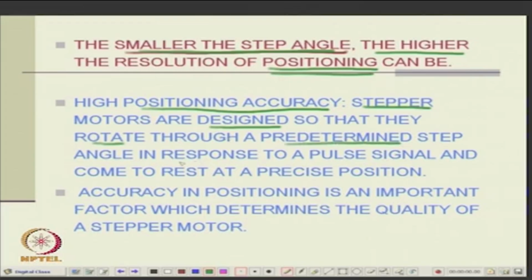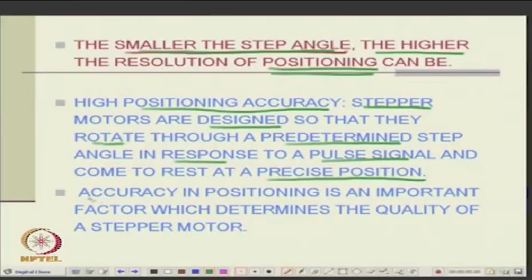High positioning accuracy, that means stepper motors are designed so that they can rotate through a predetermined step angle in response to a pulse signal and come to rest at a precise position. Supposing it is in a position x, you pass a pulse, you expect it to move to a position x plus delta x, where delta x is the step. Therefore, the accuracy of positioning is important.